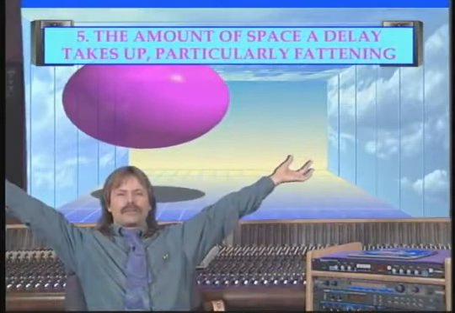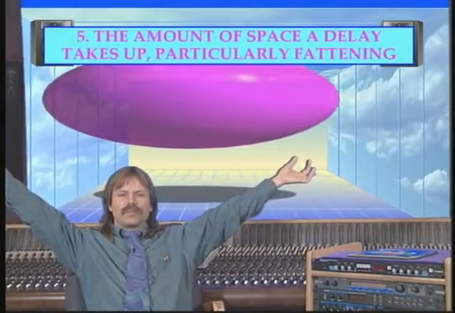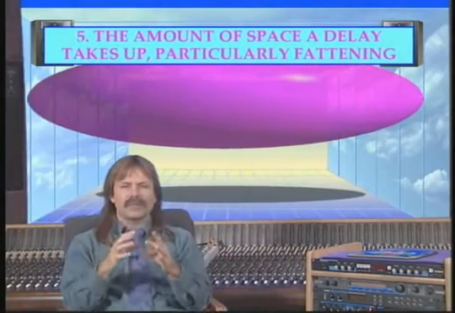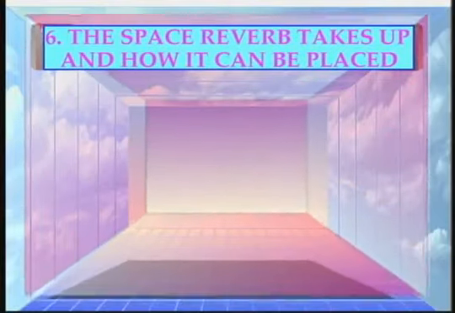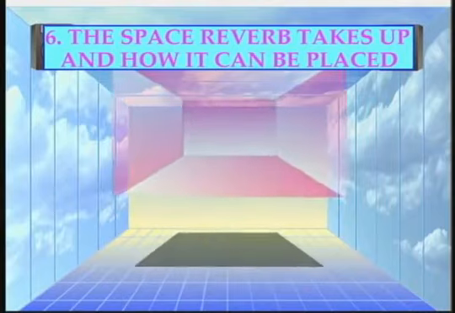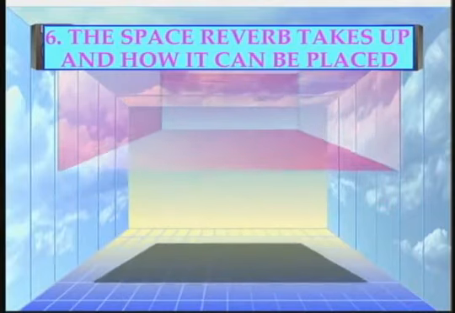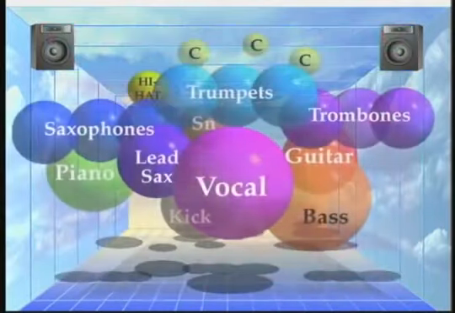Then, we discussed delays and how you can stretch the sound between the speakers, making it fatter, although it does take up more space in the mix. We discussed reverb and how it takes up a ton of space between the speakers and how it can be moved around in the mix.